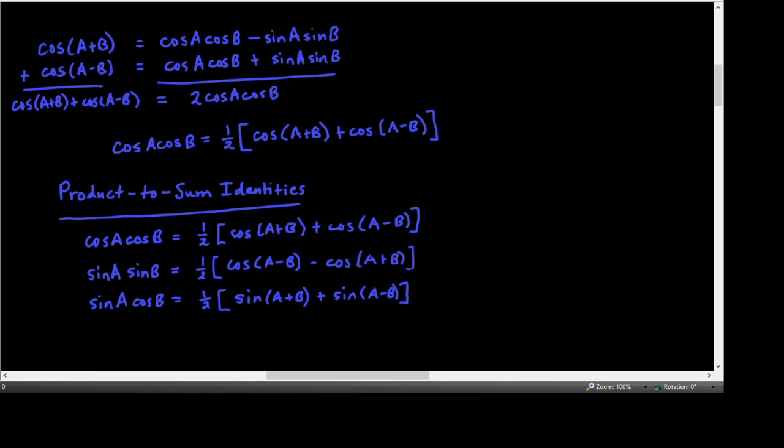And then finally, cosine of A times the sine of B is 1/2 times the quantity sine of A plus B minus sine of A minus B. Okay, so there you go.